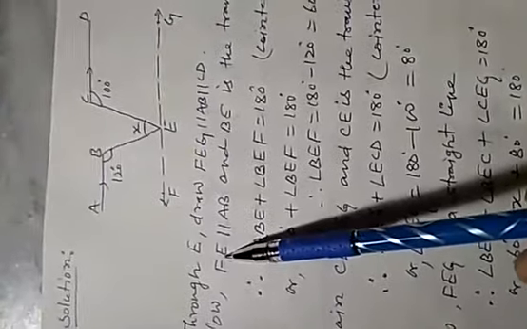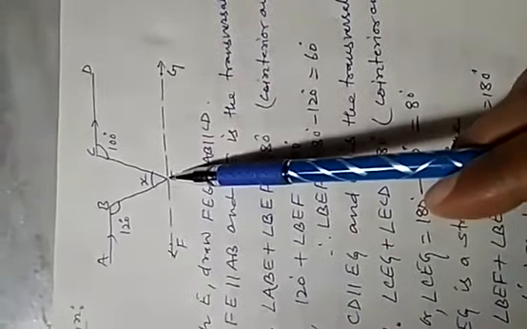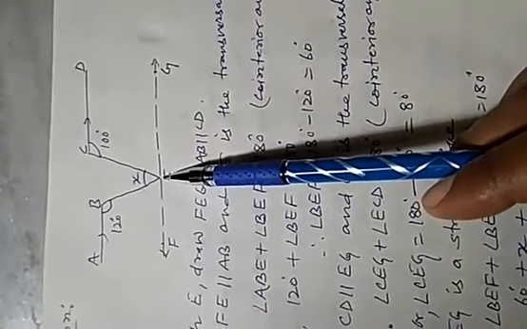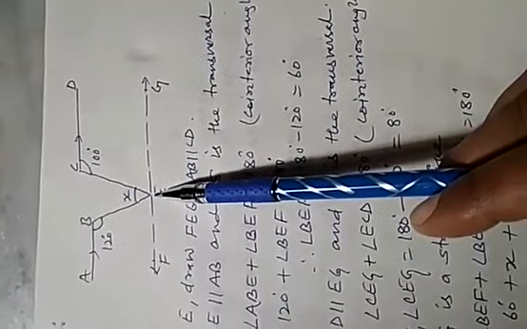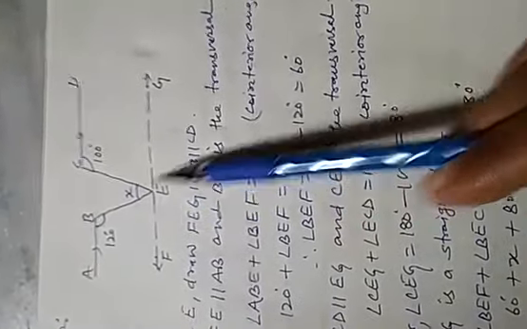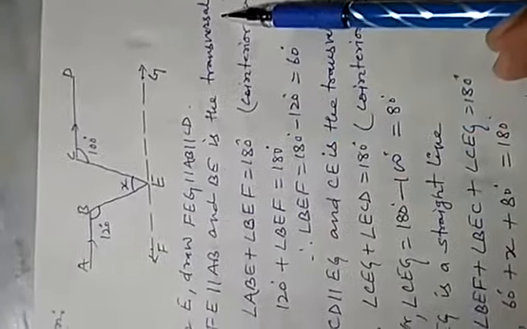Repeat one time more. FE is parallel to AB, and BE is the transversal.